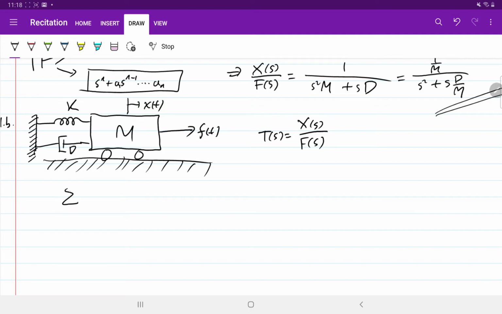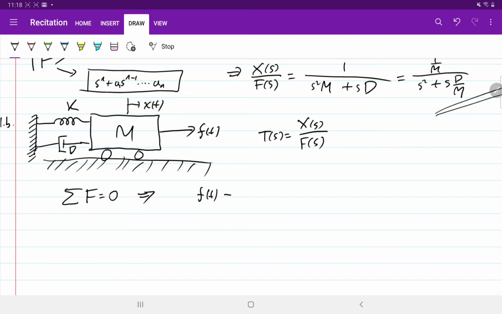So again, to derive the transfer function, we need to use Newton's law of motion. The sum of forces equals 0 at equilibrium. So we have f of t in the right direction, then the reaction is minus because the direction is to the left.